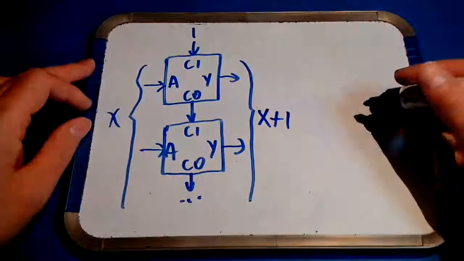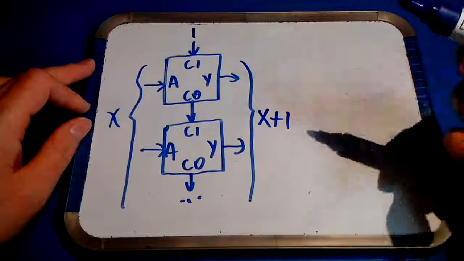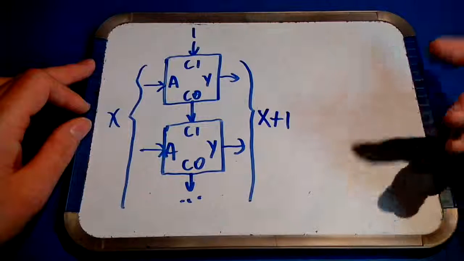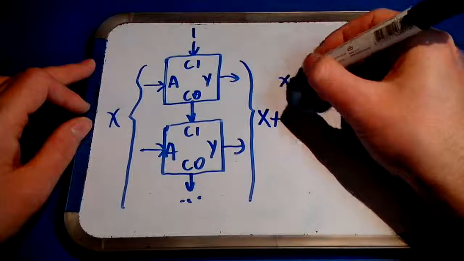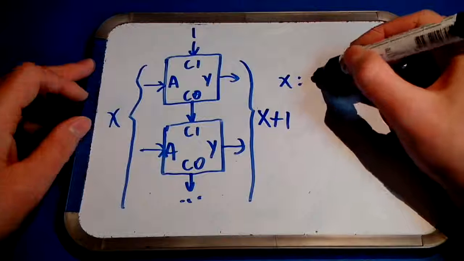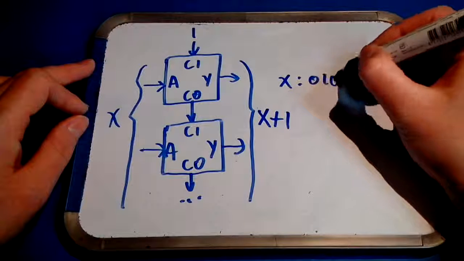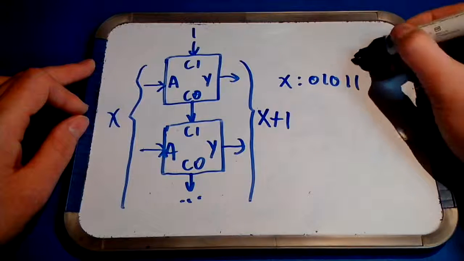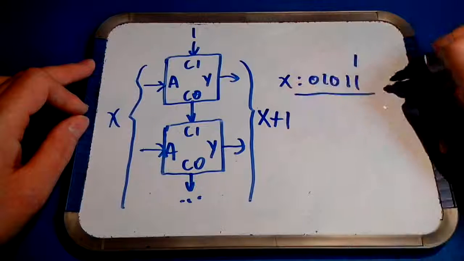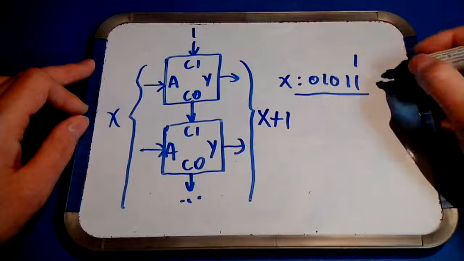Let's take a look at how adding numbers works, or rather how adding 1 to a number works. Let's say we have a number X, which is 10100, and let's say we want to add 1 to that, and we're doing that in a binary system.